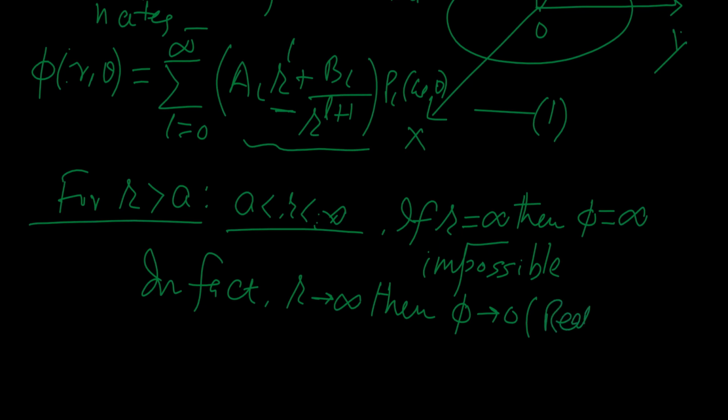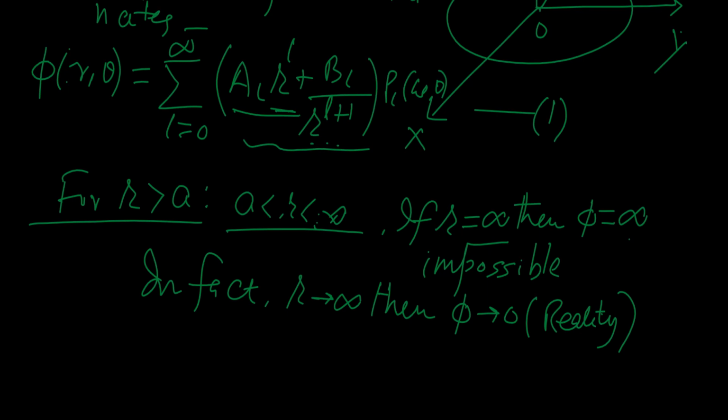And when is this reality possible? This reality is possible only when the first term does not exist in our solution. Because if this term is not present, the result will not be infinity. And in the second term, if we put R equal to infinity, then definitely phi will become 0, because when you divide BL by infinity, the result will be 0.